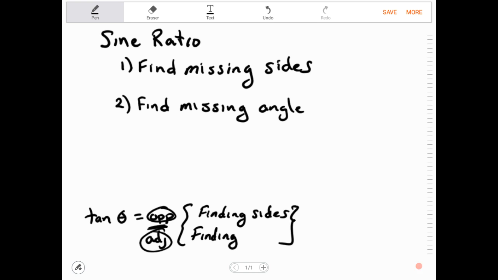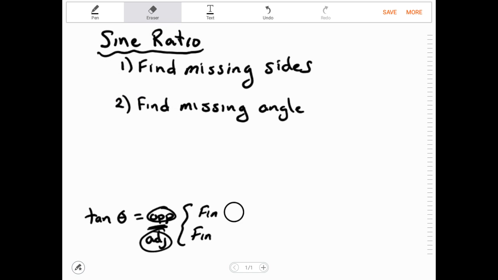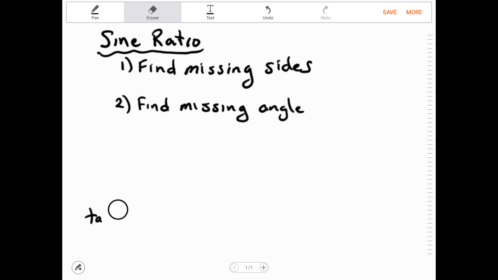In this lesson, which is the sine ratio, essentially we're doing the same type of calculations, just this time we are relating different sides. So long story short, if you understood how to figure out the tan ratio and all those calculations, you will find this to be quite easy.